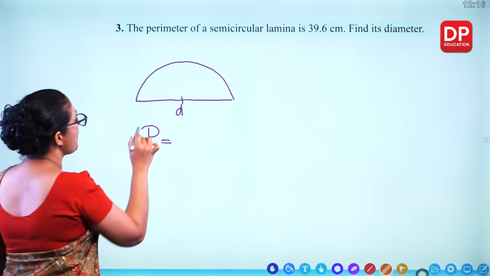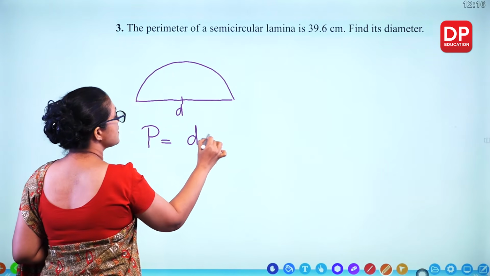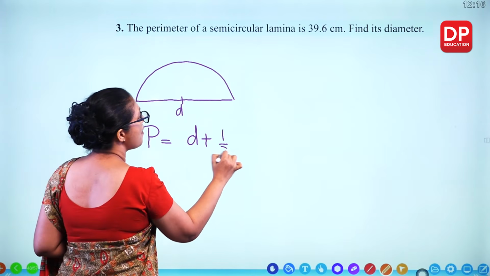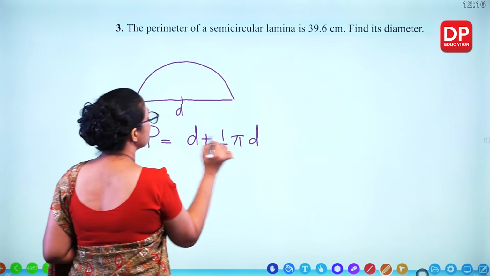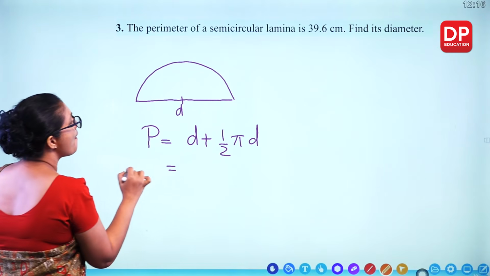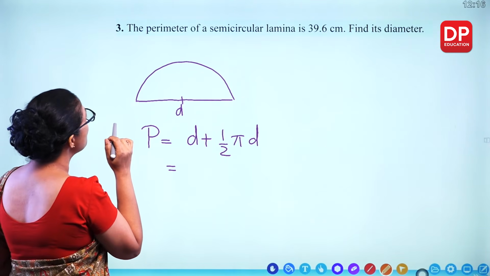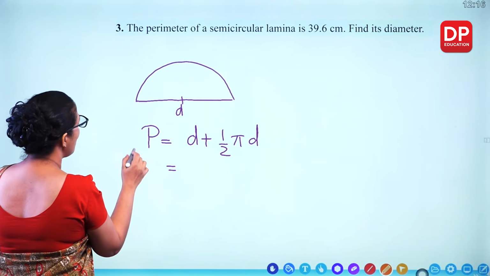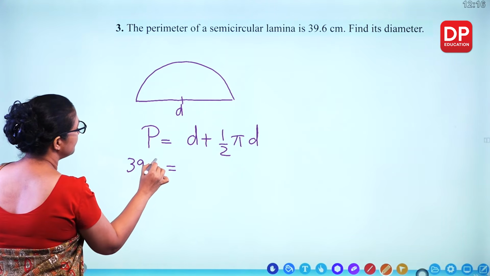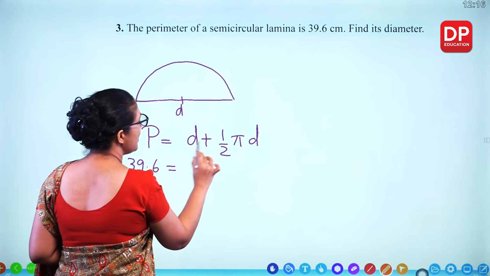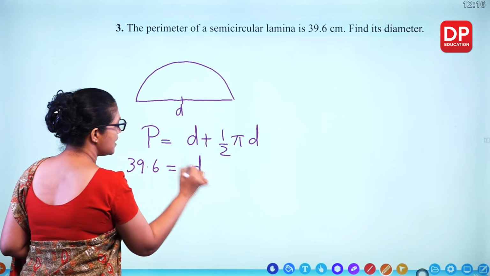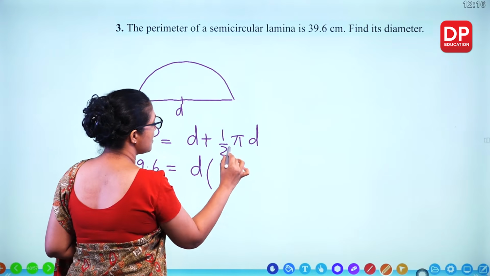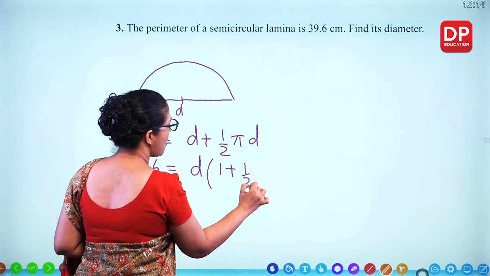Perimeter is the diameter plus half of the circumference, half pi d. Now, substitute P equals 39.6. Now, we can take d out from this. So, here you get 1 plus half pi.